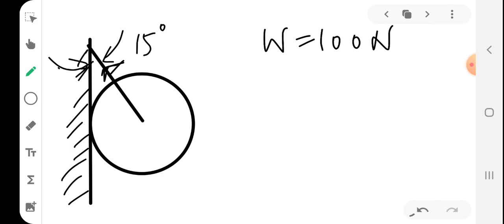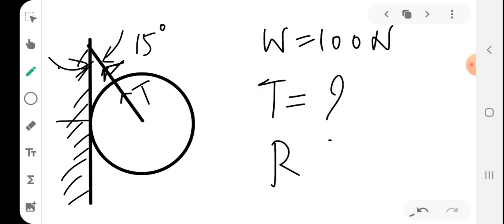That tension T should be found out. The wall will be exerting a reaction force R like this on the sphere. That R also should be found out.